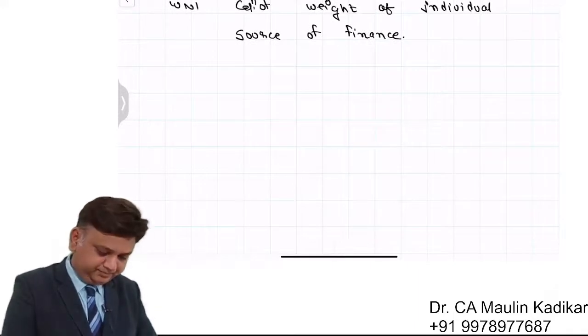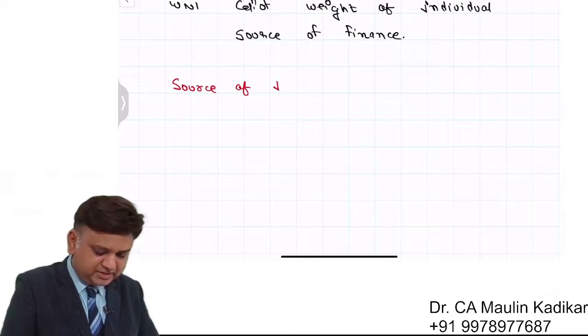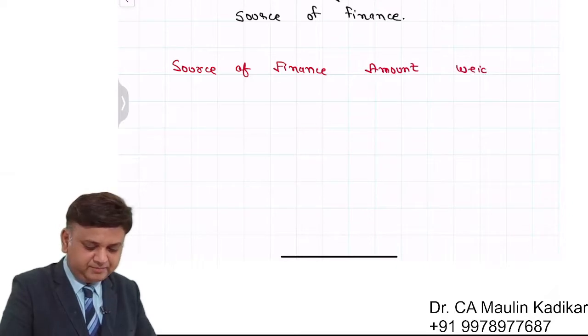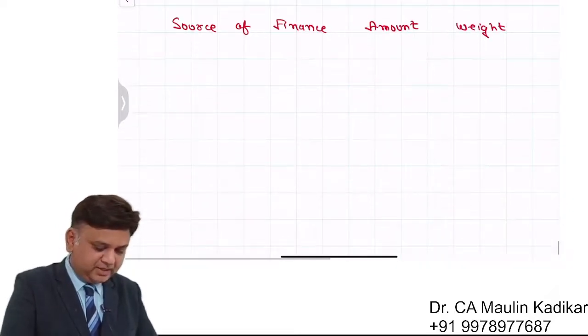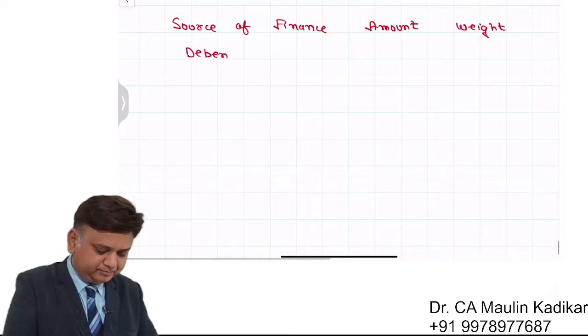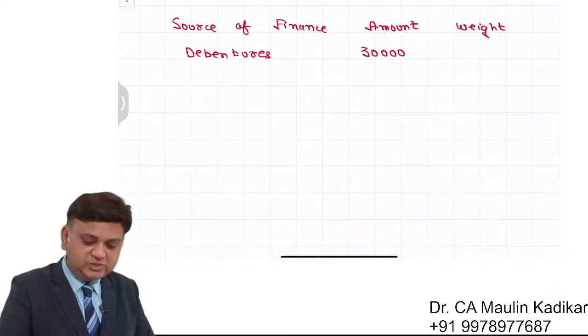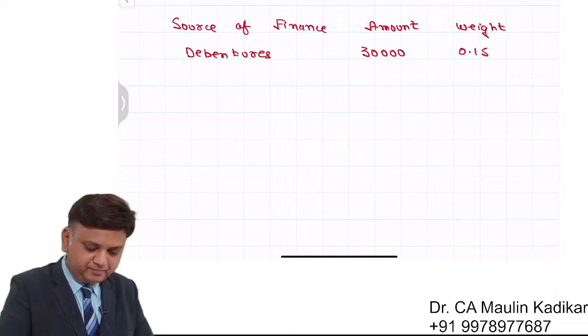In that write down column number 1, source of finance, column number 2, amount, column number 3, weight. It is debentures, amount is 30,000, its weight will be 0.15, that is 30,000 divided by 2 lakhs.